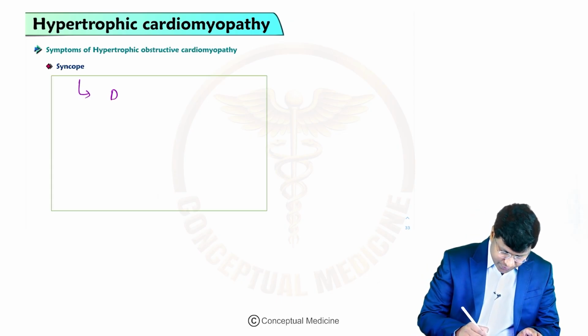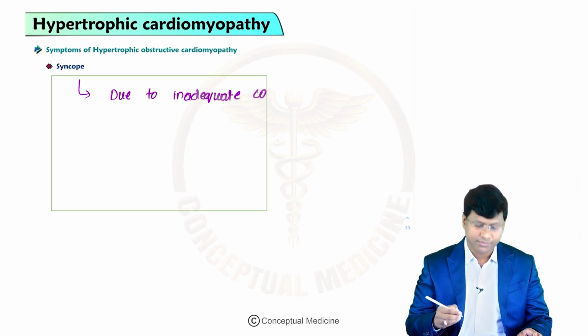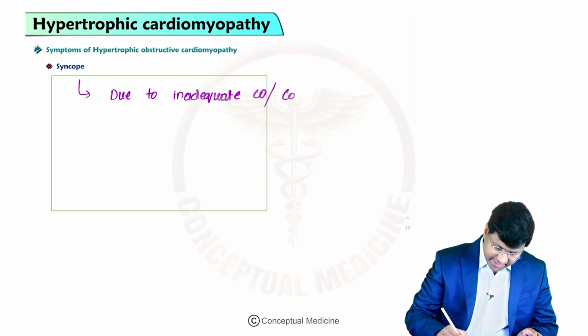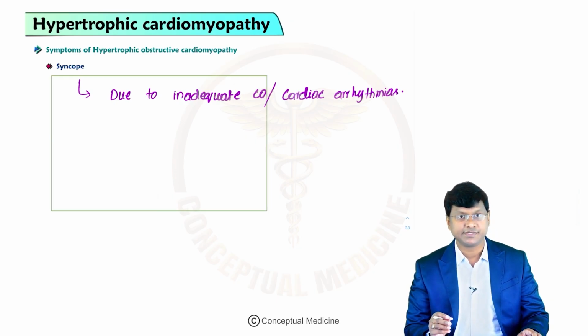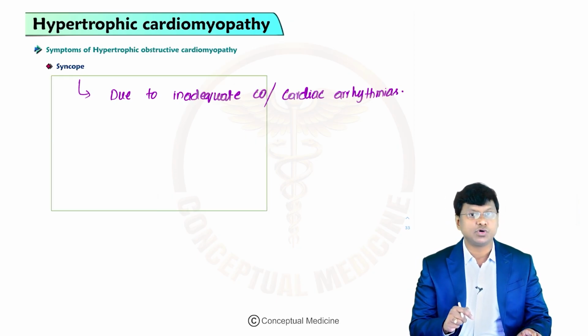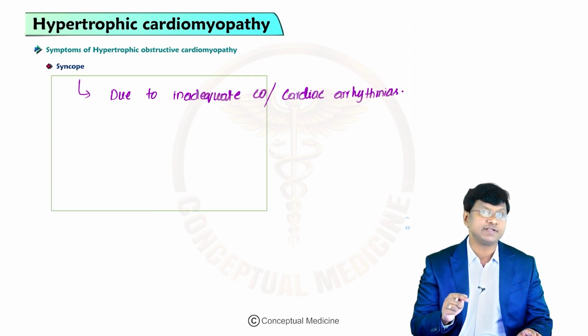This is due to inadequate cardiac output or from cardiac arrhythmias. The presence of syncope identifies the patients at high risk of sudden death.